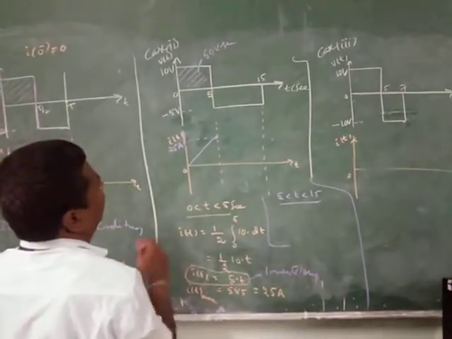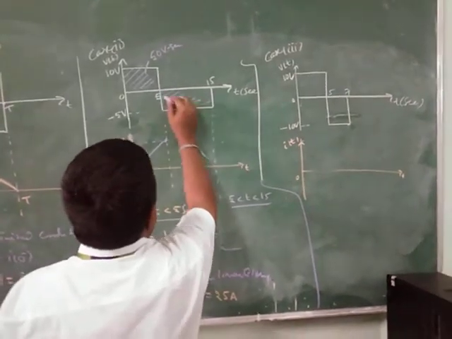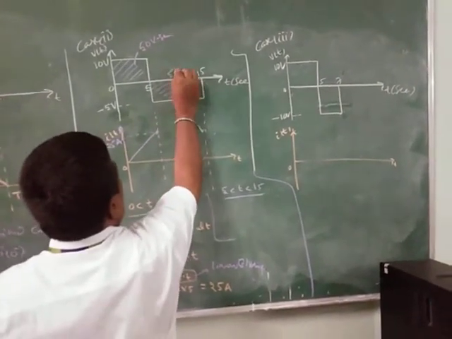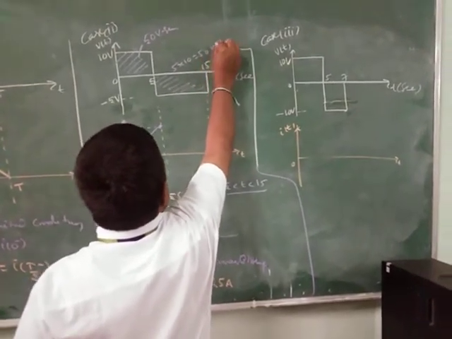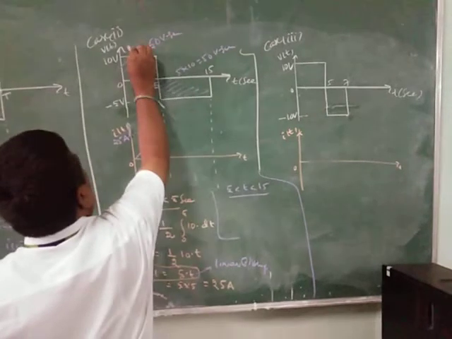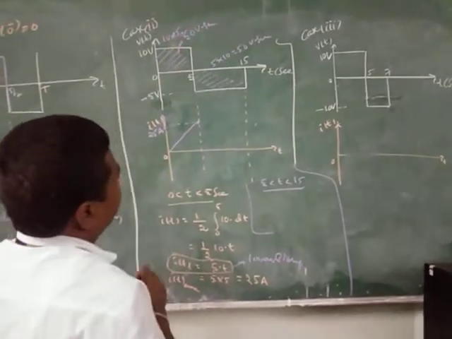Similarly in the negative cycle, the voltage is 5 and the time is 10, so here also 50 volt seconds.